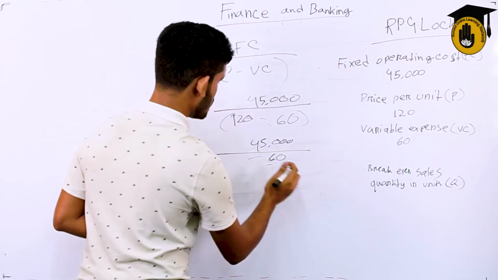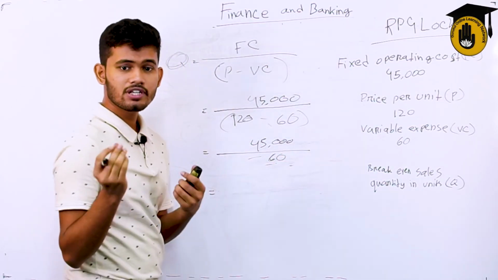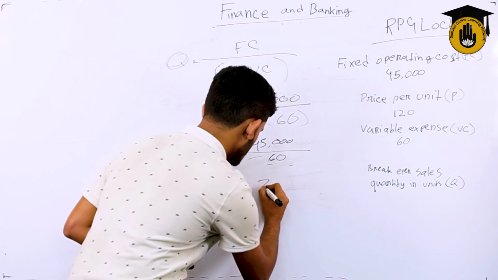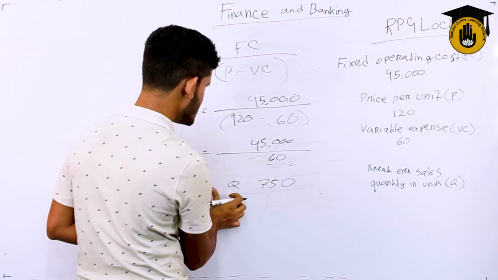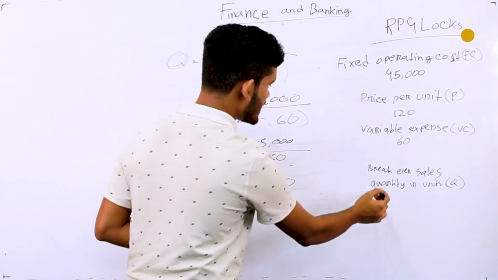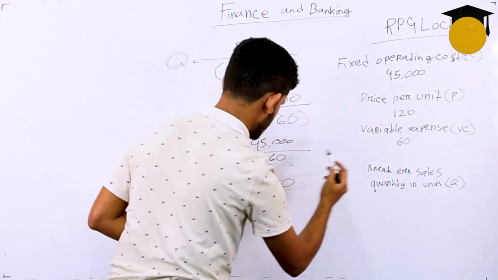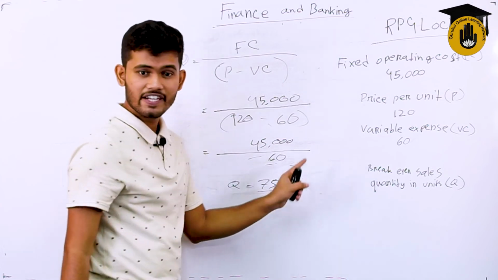So 45,000 divided by 60 gives us 750 units, and that will be Q, the break-even sales quantity in units. The sales quantity in units will be 750.